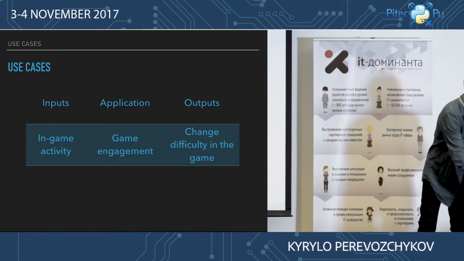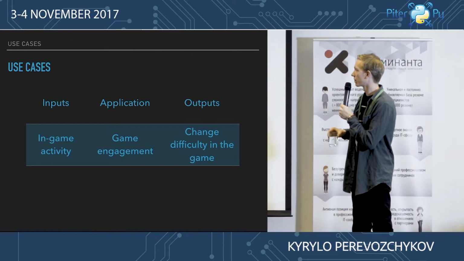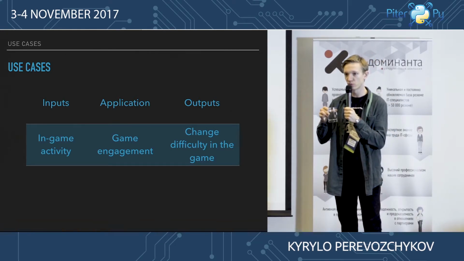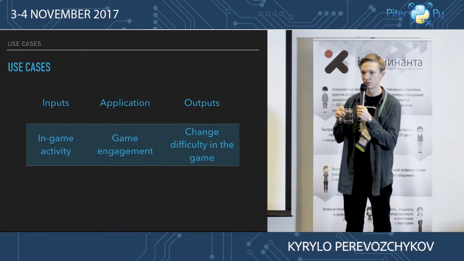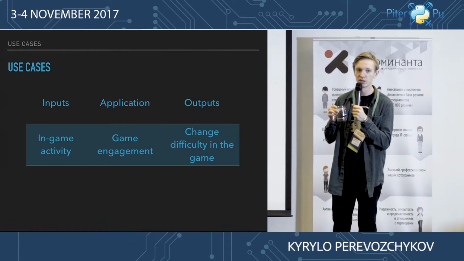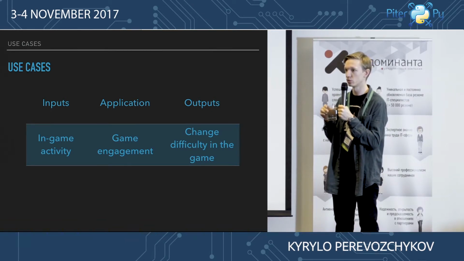And next we have another interesting case, and this is game engagement. That means that if the game is too easy, the person quits it at once. If it is too sophisticated, the person quits it just as well.